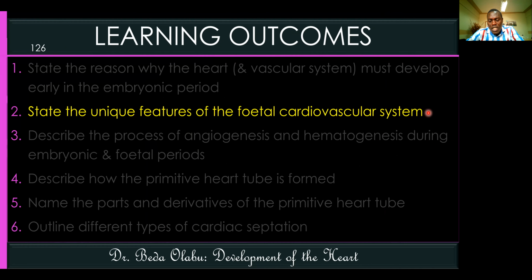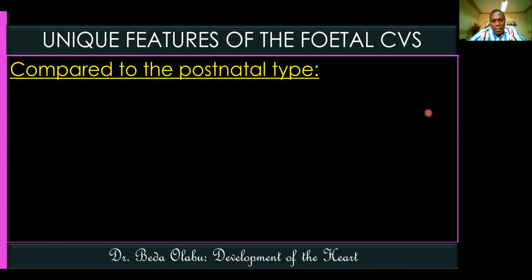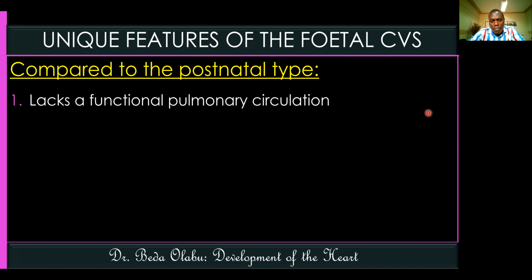Our second objective is to talk about the unique features of the fetal cardiovascular system. If we compare the fetal cardiovascular system with the cardiovascular system in the adult, there are some 3 things that are important to highlight.